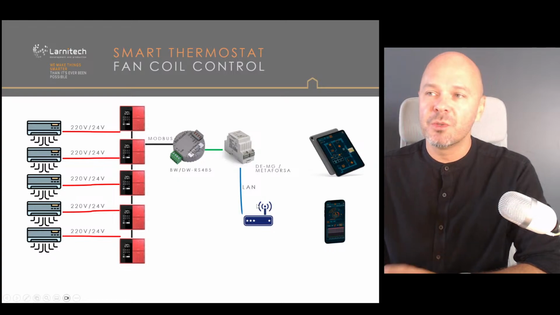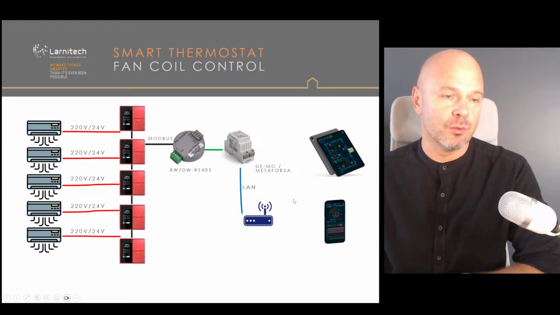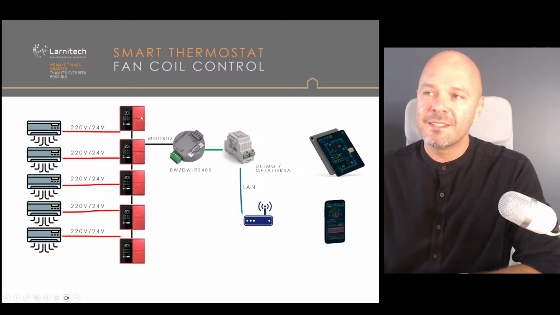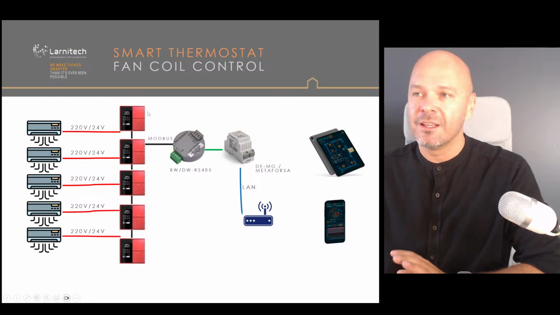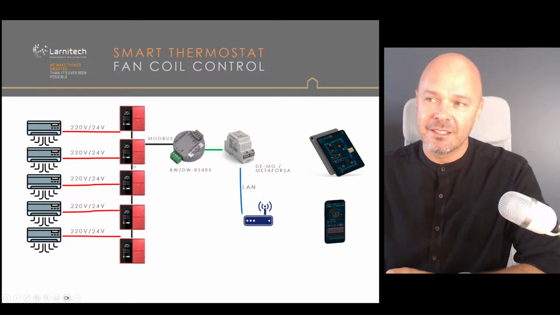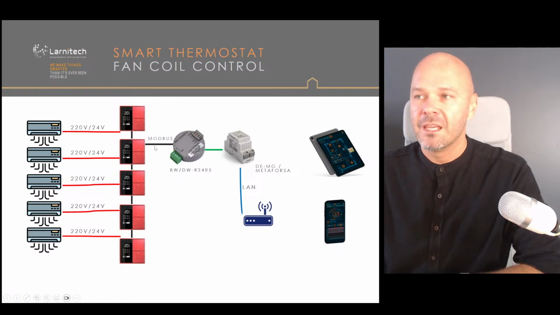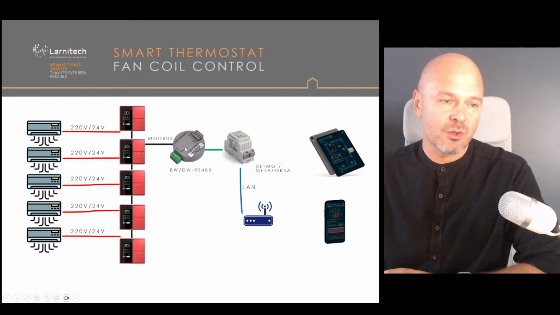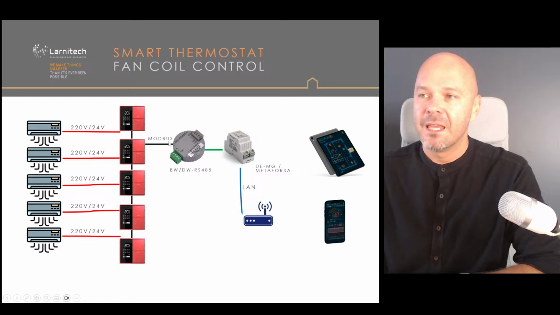And this is what we do to connect it to the smart home. We change this Honeywell fan coil thermostat to a smart thermostat. The smart thermostat connects to the system, usually using Modbus or RS485. Mostly up to 10 thermostats you can connect.